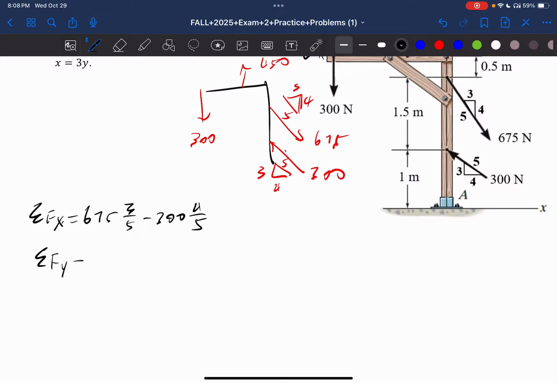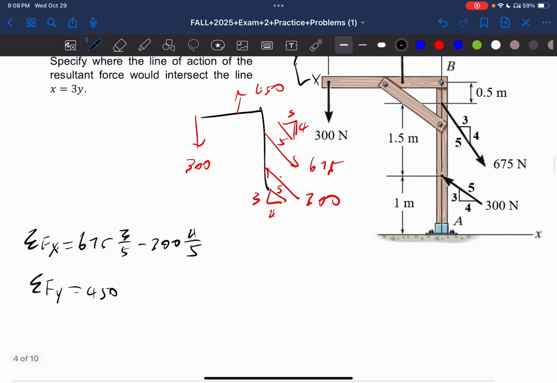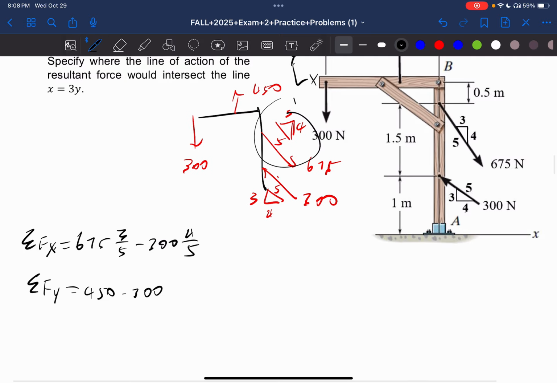The sum of the forces in the y direction is going to be equal to, this is going up, so 450. This is going down, so negative 300. This is going down, this is going up. Let's do the negative one first, so minus 675 times 4 over 5. This is going up, so plus 300 times 3 over 5.